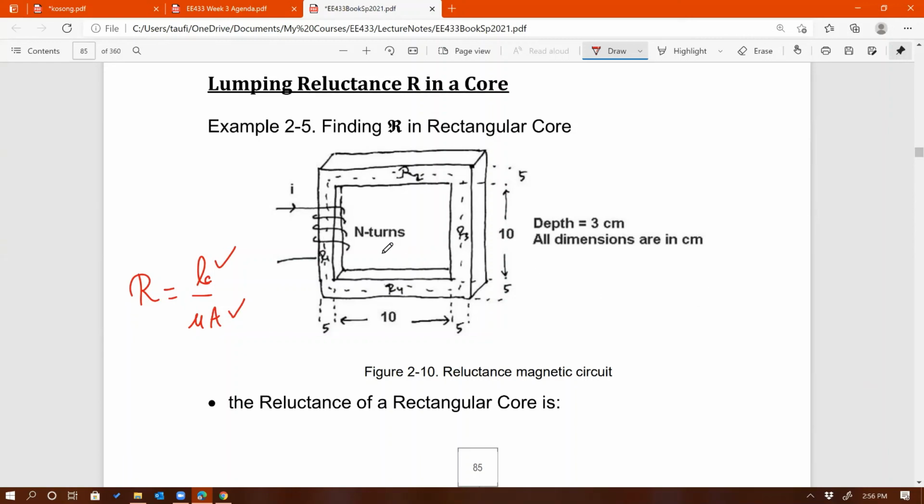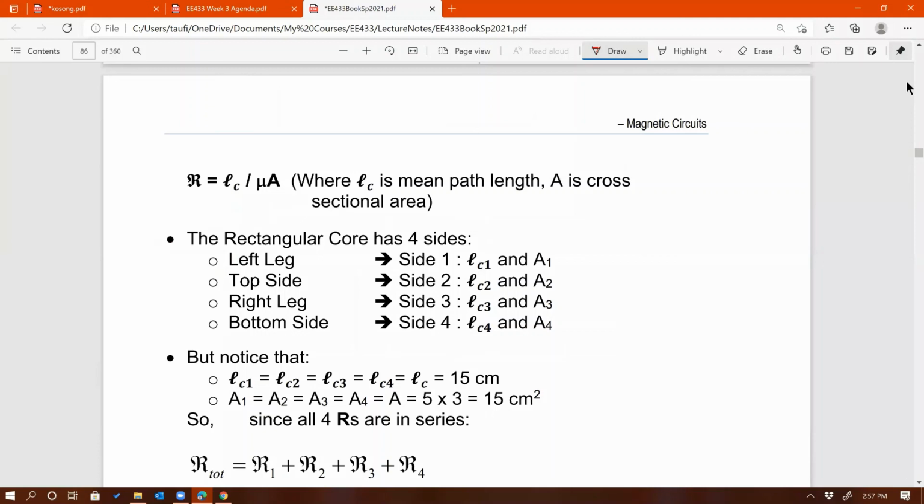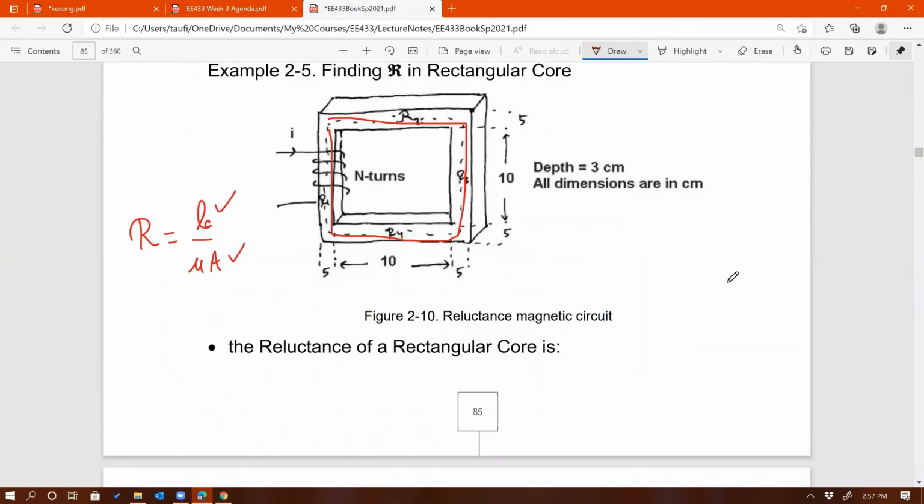So in this case, you have 4 different sides, and if you want to represent it with an electric circuit, you're going to end up with 1 reluctance from that segment, 2 reluctances, 3 reluctances, and then a 4th reluctance. So you have 4 reluctances total, and you can lump them up into just 1 single reluctance. I have the calculation for that, but I'm not going to do it today. I'll do it next time.